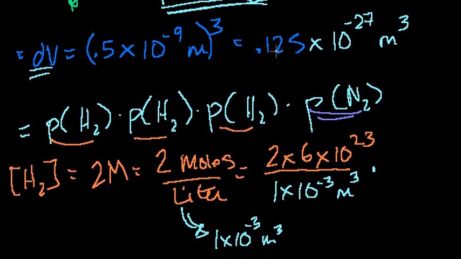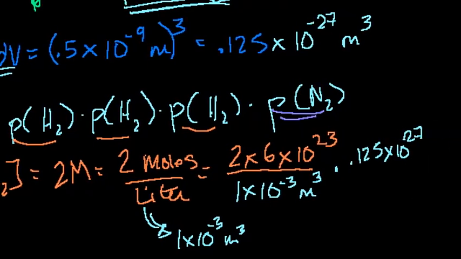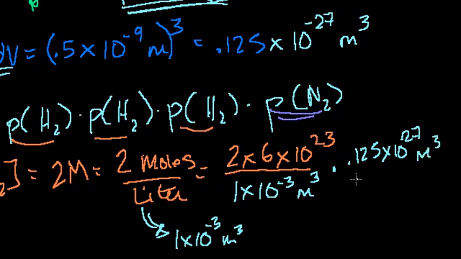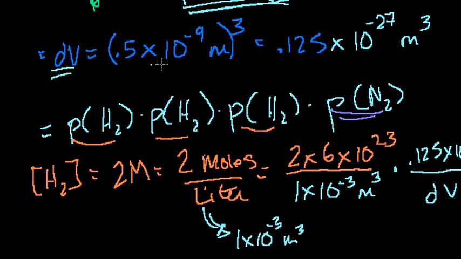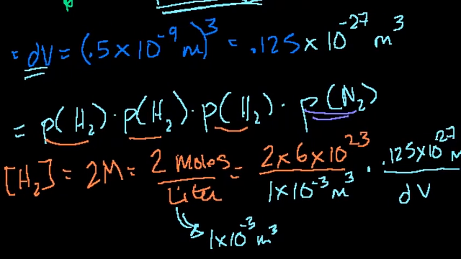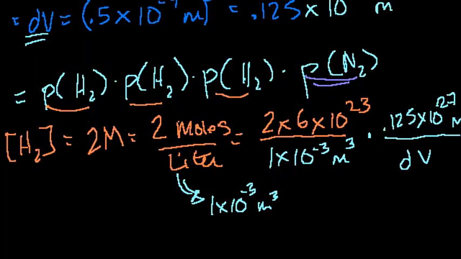So we know that already. It's 0.125 times 10 to the minus 27 meters cubed per our volume. I just got that from up here, that I have a small fraction of a meter cubed per my volume. And now I just have to do some math.